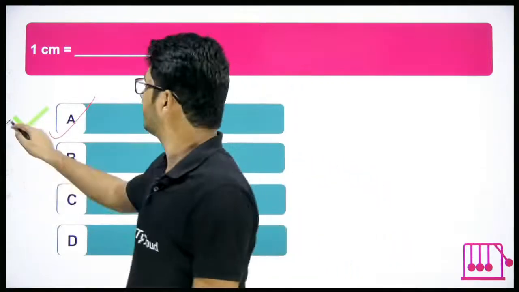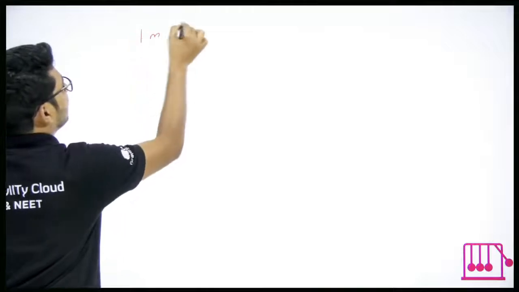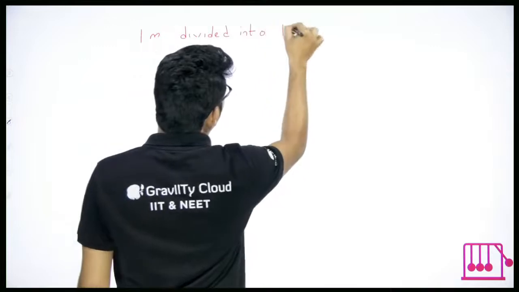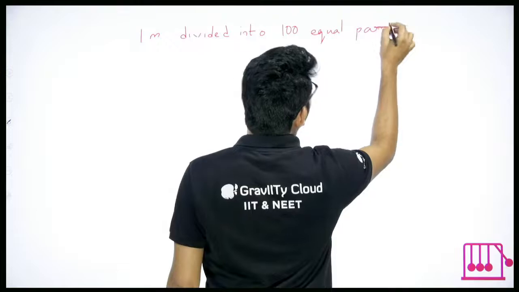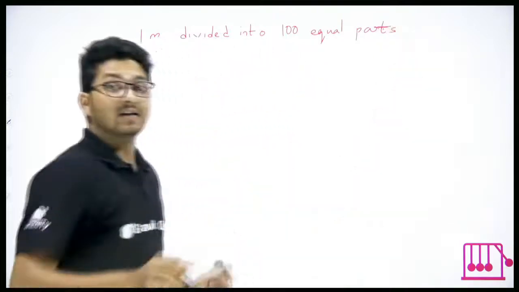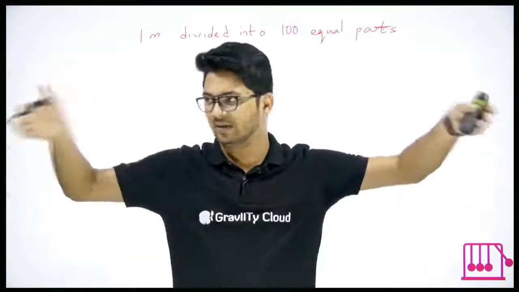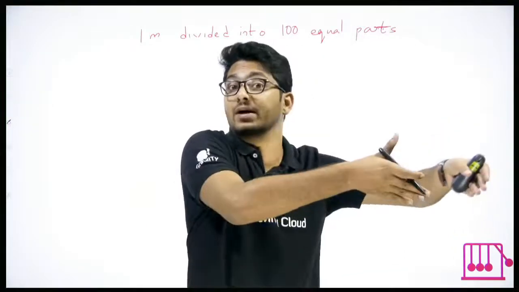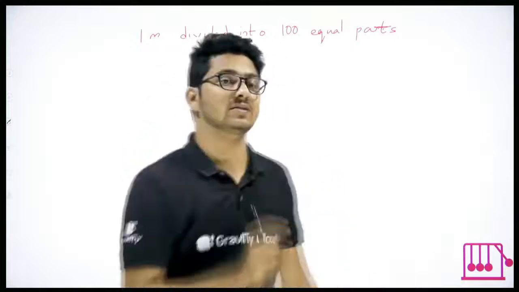Now how? That also I'll explain. Look at this. What does 1 centimeter mean? Or when do you get 1 centimeter? 1 meter divided into 100 equal parts, then each part will be 1 centimeter. So if you imagine 1 meter and divide it equally into 100 parts, then one part will be 1 centimeter.